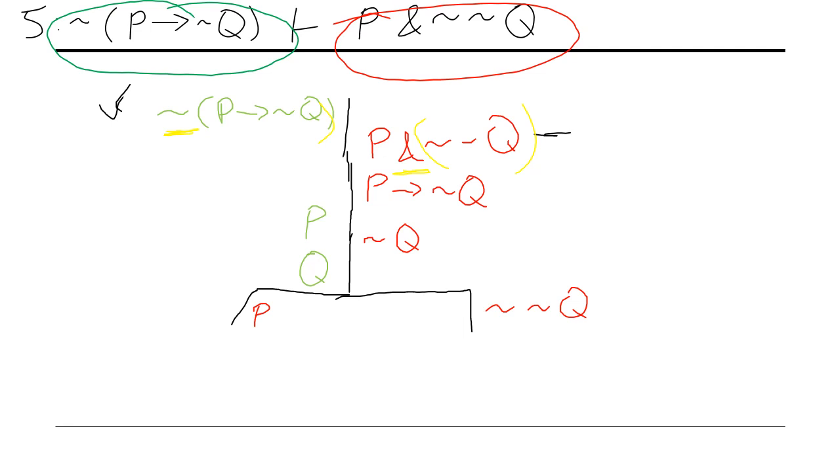Now, we just need to take care of this double negated Q. And what we do is we flip it across and get rid of one of the tildes. So really what we're doing right now is we have this thing, and we're getting rid of the tilde by flipping it across. But we got to keep this other tilde because it's part of it. Now, we still have this other tilde, so we got to flip it across again.